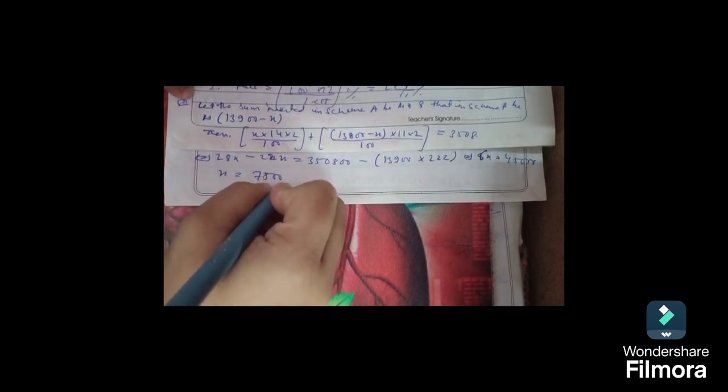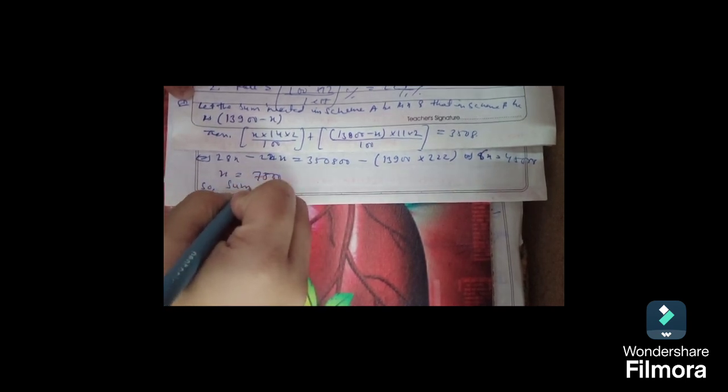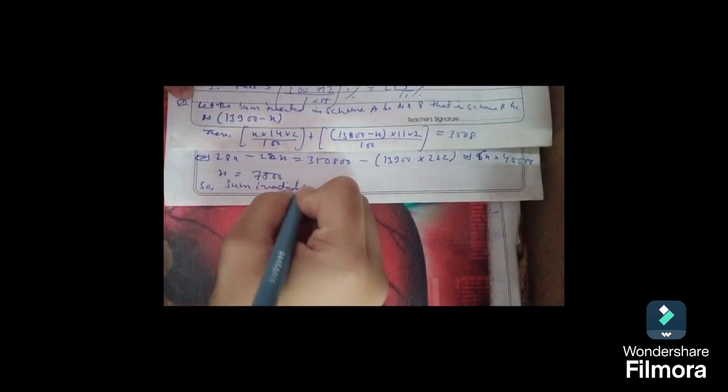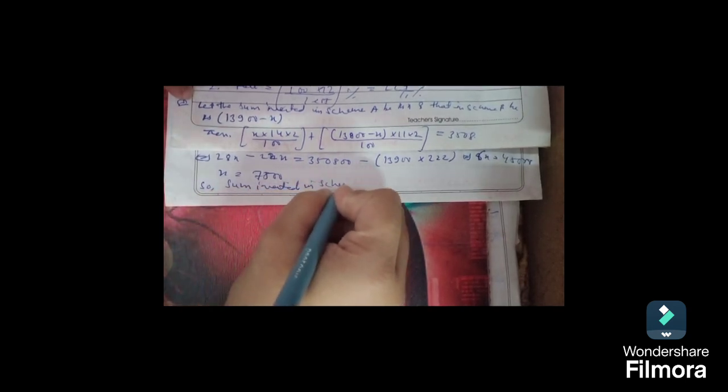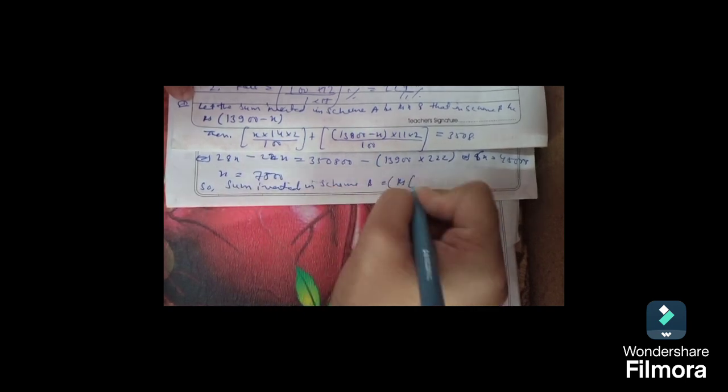So the amount in scheme A is 7,500. Sum invested in scheme B equals rupees 13,900 minus 7,500, which is rupees 6,400. So 6,400 will be the right answer for this question.